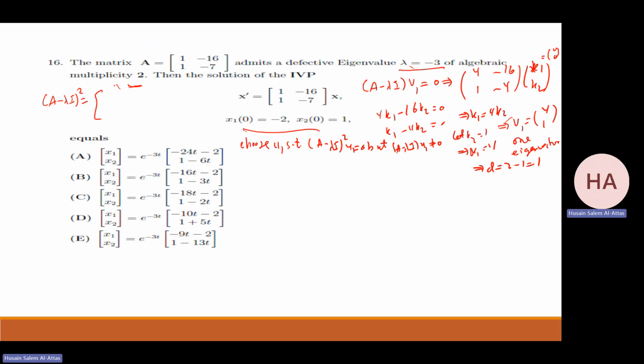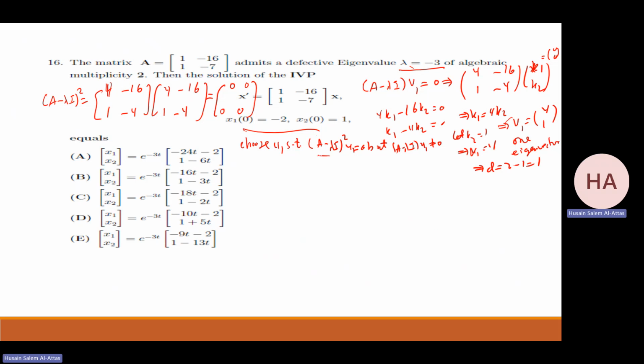So A minus lambda I is 4, minus 16, 1, minus 4 times itself. That will give me what? 16 minus 16, 0. Minus 64 plus 64, 0. 4 minus 4, 0. Minus 16 plus 16. Yeah, so I have the zero matrix.